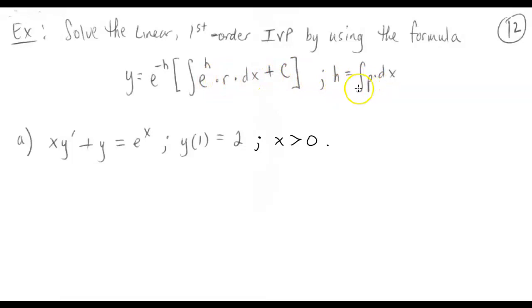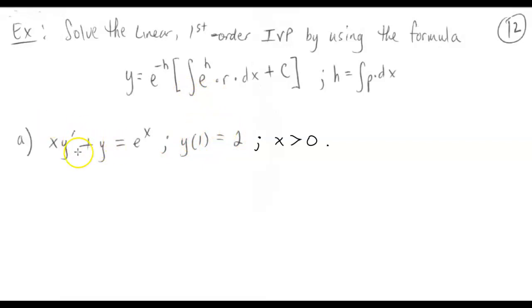Use H to find that, and then use H and R in this formula to find out what our solution y is. We also have some initial conditions here. So I wanted to do these examples and make it shorter so that we could focus on the initial condition parts too.